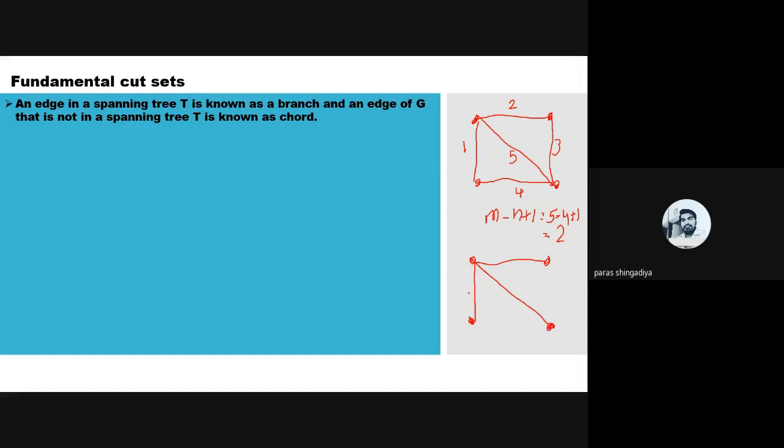I included 3 edges, 1, 2, and 5, and I deleted 2 edges, number 3 and 4. Now you can check that it is a type of tree. This is a connected graph, and all the vertices mentioned in the graph G are included. This is the main graph G, and this is the spanning tree T.